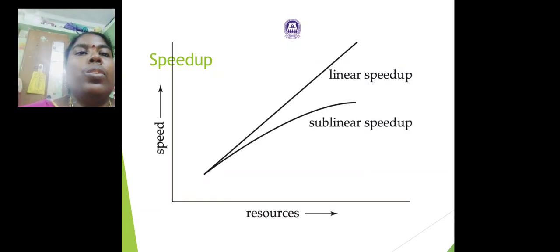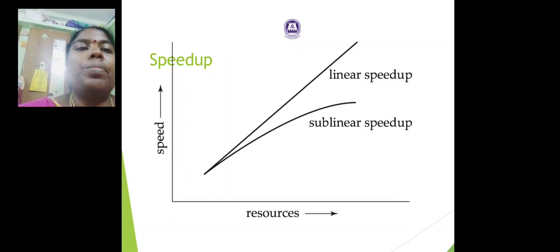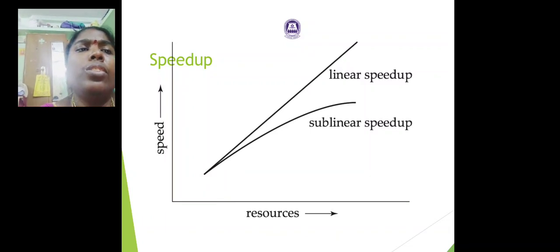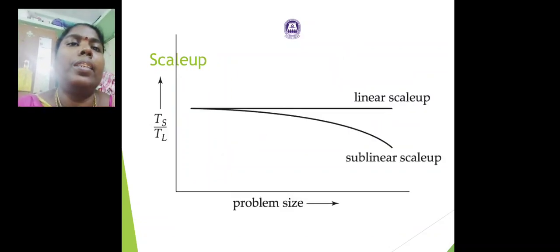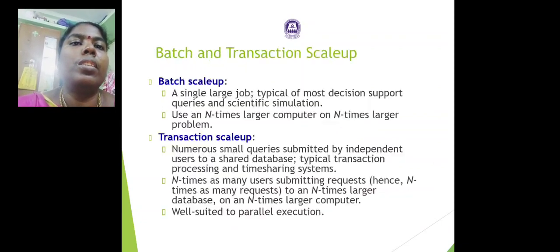That means if the process occupies the resources correctly, the speed up will increase. If the resource allocation is slightly reduced, then the speed up will reduce. The next diagram shows the scale up. Scale up also means the problem size increases. If the problem size decreases, the scale up will decrease.